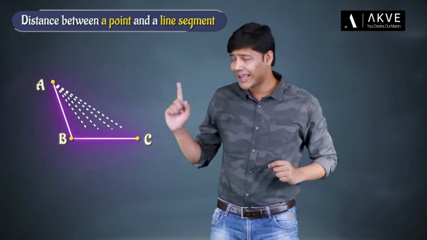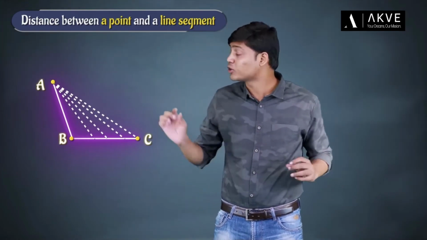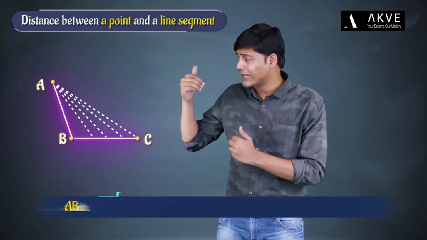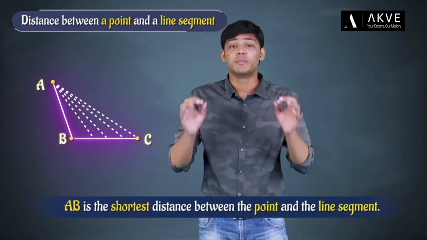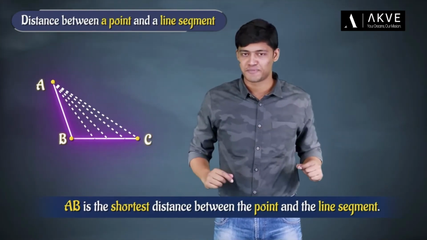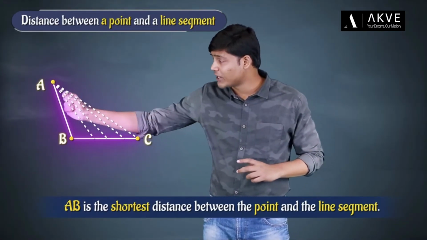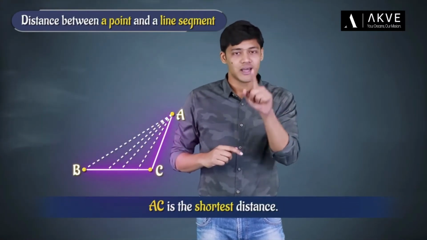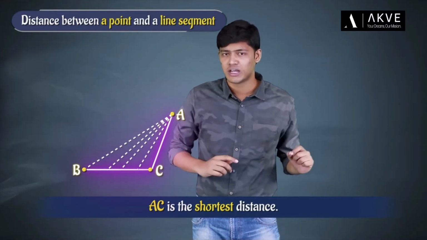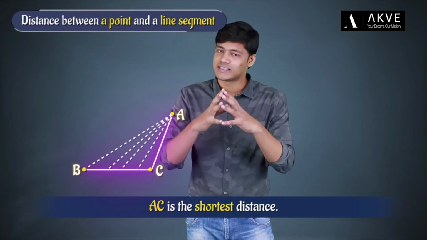Observe that point A is closer to point B as compared to any point on the line segment BC, which implies that the distance between point A and point B will be the shortest distance between the point and the line segment. So, there you have it. Now, if I shift the point A to here, then the shortest distance between the point and the line segment BC will be the distance between the point A and the point C.